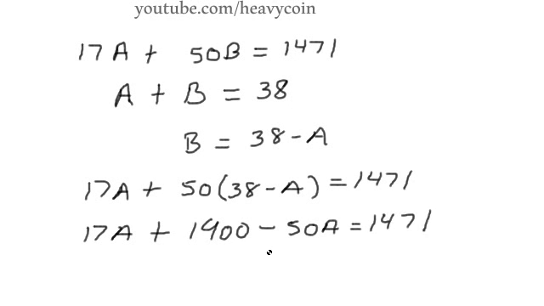Making sure I got all that right. Then we've got 17A minus 50A, so 17 minus 50 is negative 33. So we've got 1900 minus 33A is equal to 1471.